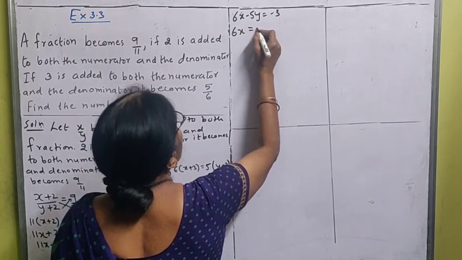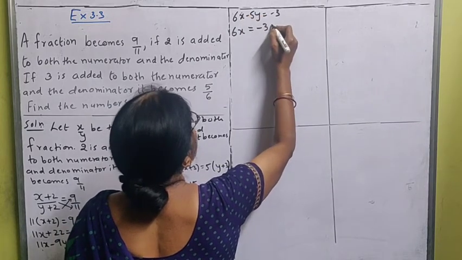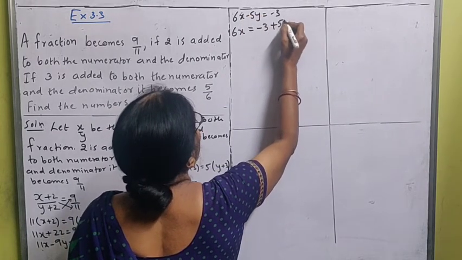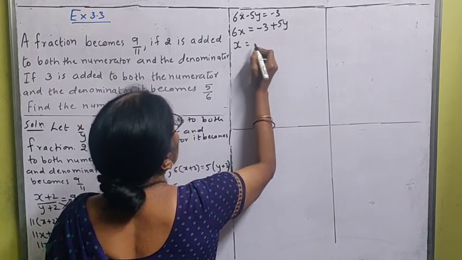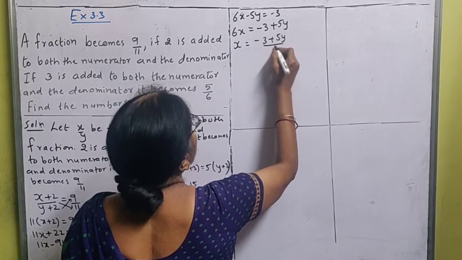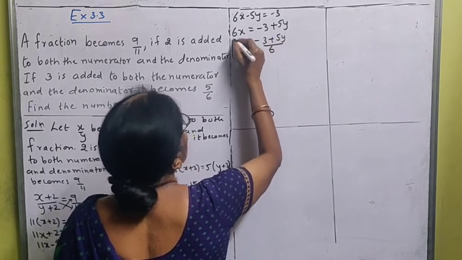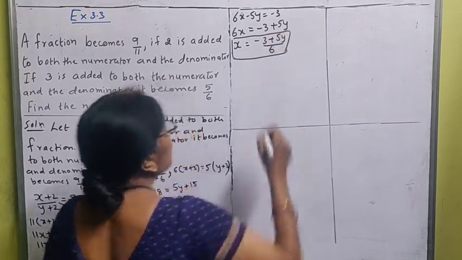So 6x is equal to minus 3. When minus 5y will go to that side, it will become plus 5y. Now what is the value of x? x is equal to minus 3 plus 5y divided by 6. So this is your x value.